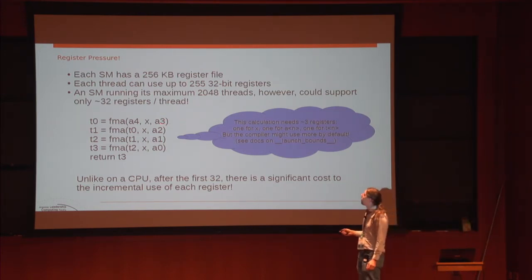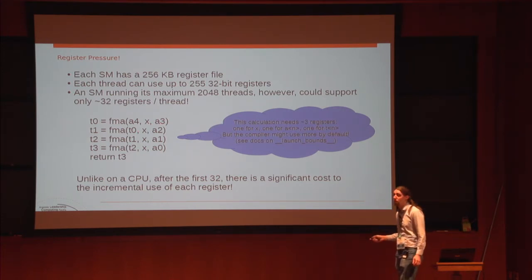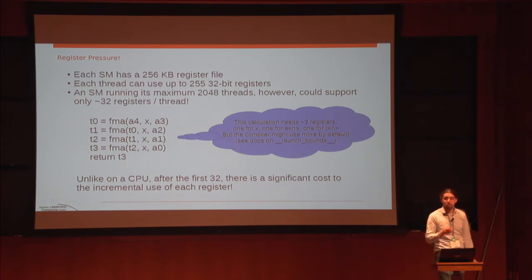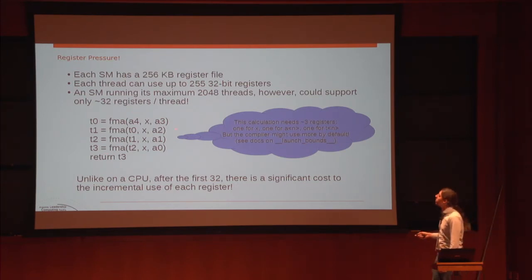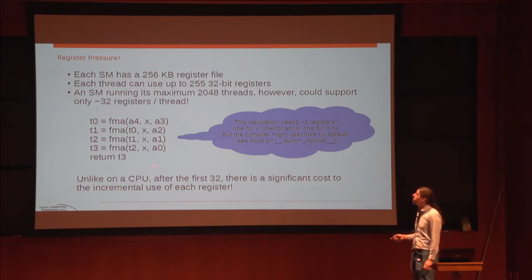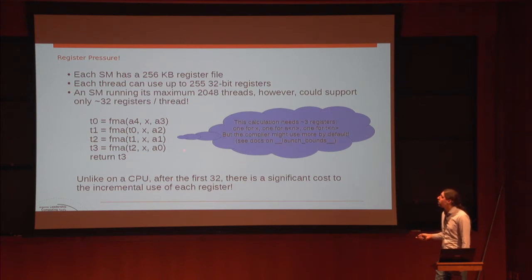Since efficiently using the GPU is so tied to having lots and lots of hardware threads, it's really important that you can run as many of them as possible. And you can often find yourself in a situation where you're limited in the number of threads you can run by the number of intermediate values that each of them needs to store.